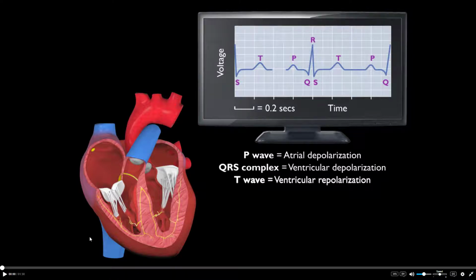So with fibrillation, we have to electrically shock the heart with a defibrillator to get all of the cells to coordinate at the same time, and then to stop, allow the heart muscle to repolarize, and then hopefully the SA node will kick back in again.